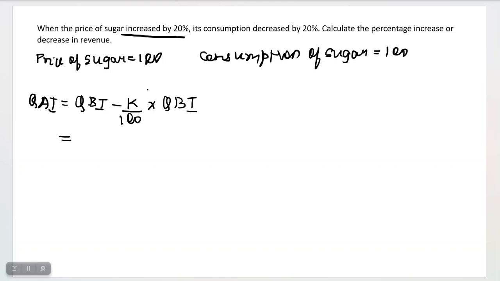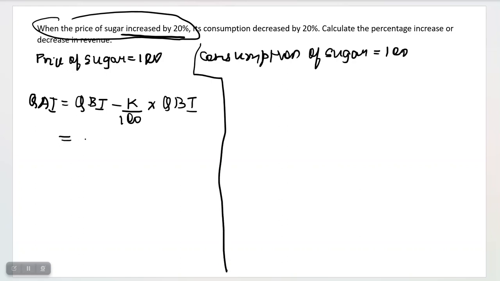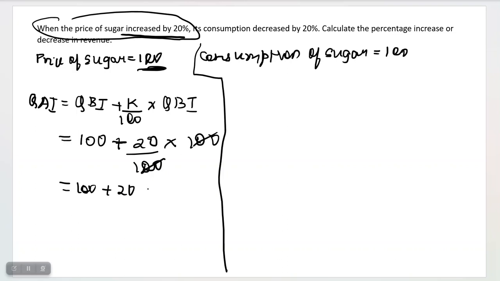We are only doing this first part when the price of sugar is increased by 20%. Quantity before increase is the original quantity, which is 100. The increase is plus 20 upon 100 into quantity before increase, 100. So we get 100 plus 20, which is 120.